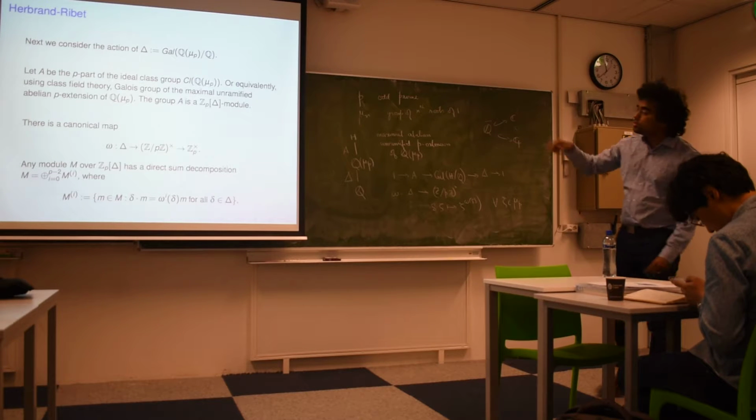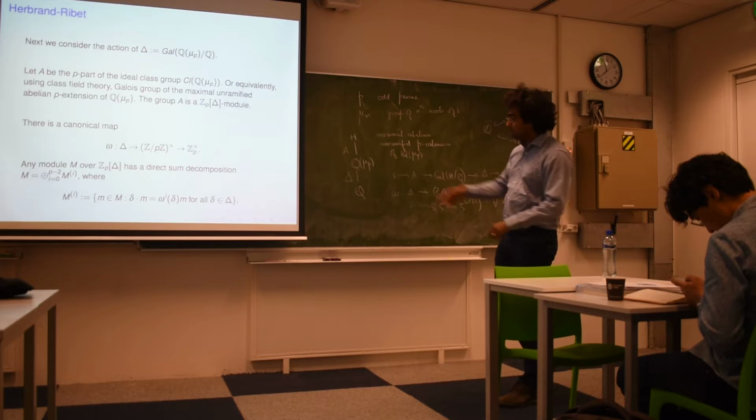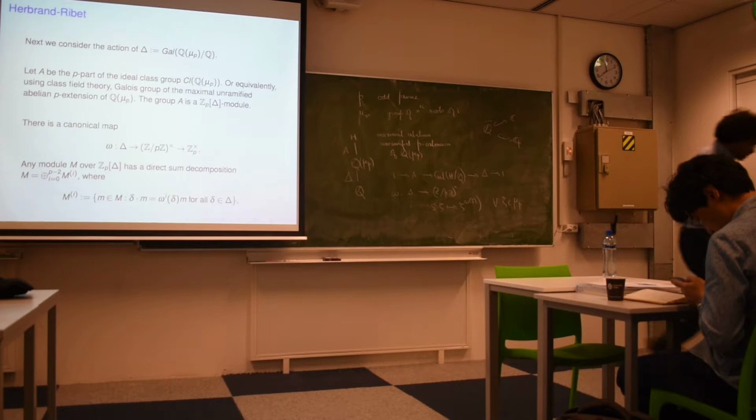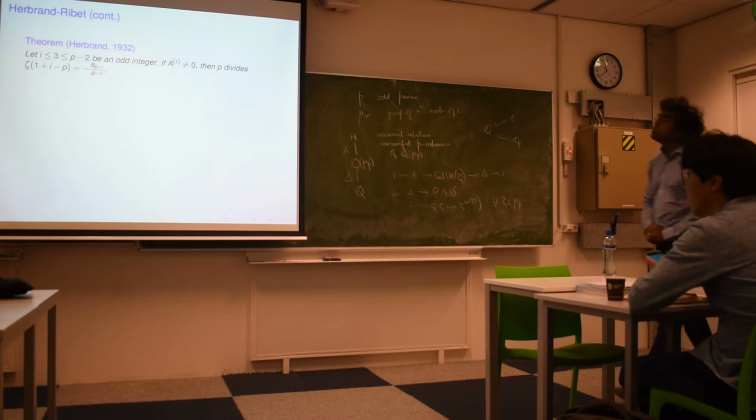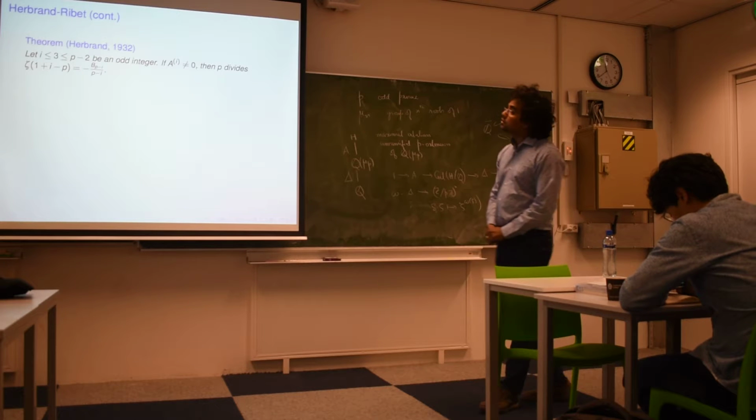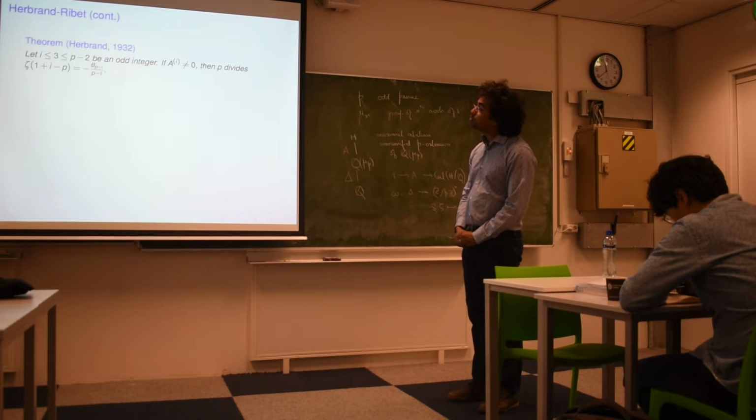So I can write any module as a direct sum decomposition like this, just because p minus 1 is invertible in Z_p. Okay, so I'll take the direct sum decomposition of A like this.